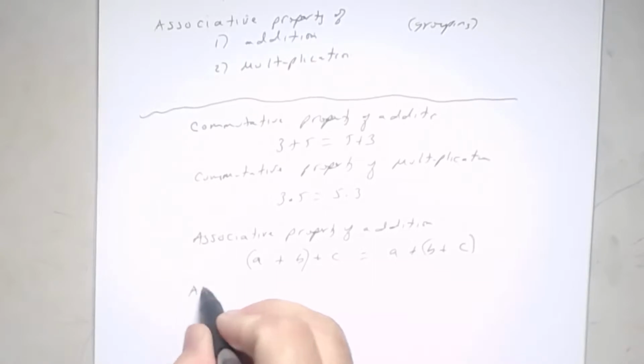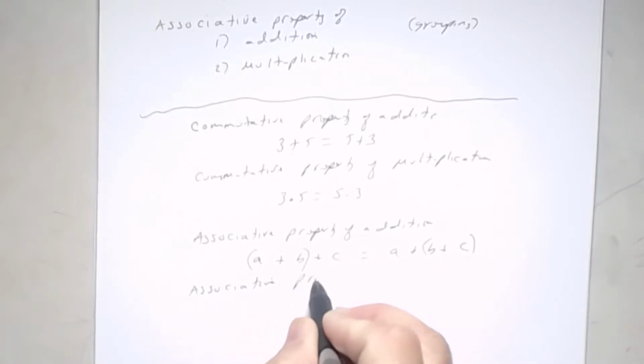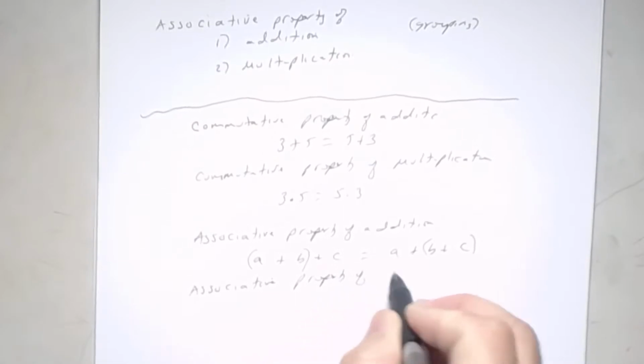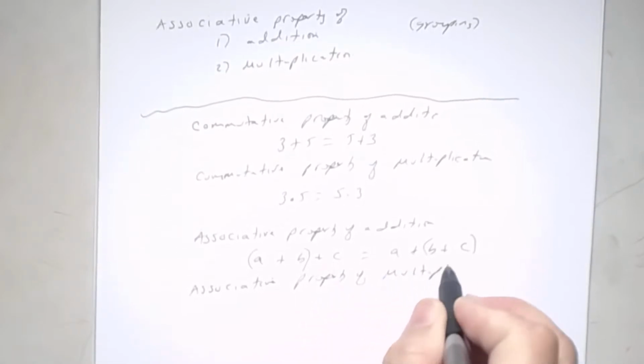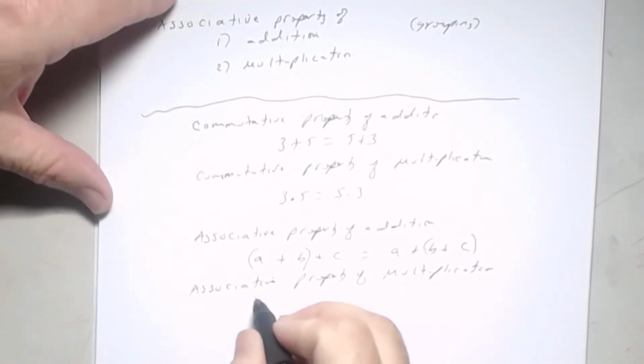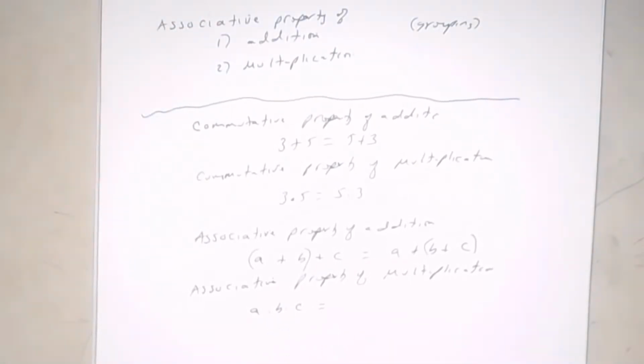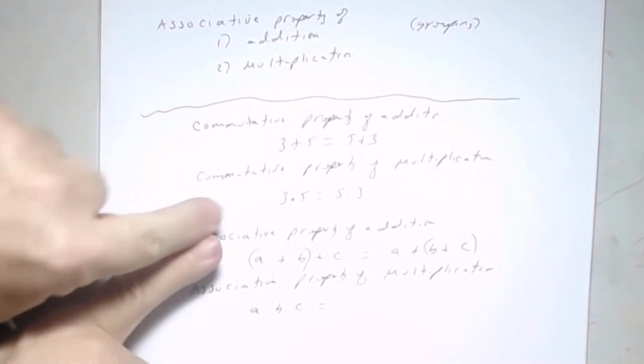And then there's one for the associative property of multiplication. And so the associative property of multiplication, the same thing like this. You're going to say A times B times C. And what do you want to group here? Which one do you want to group first? B and C? Okay, let's keep it consistent with the previous one.